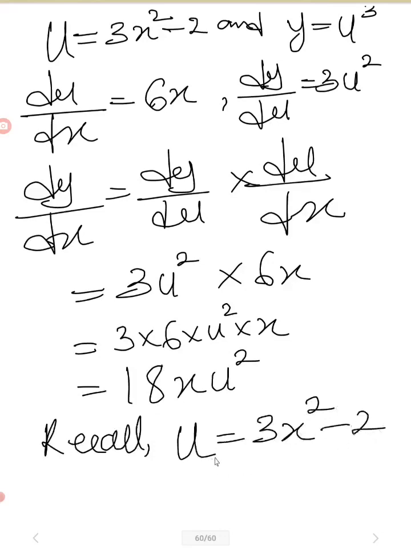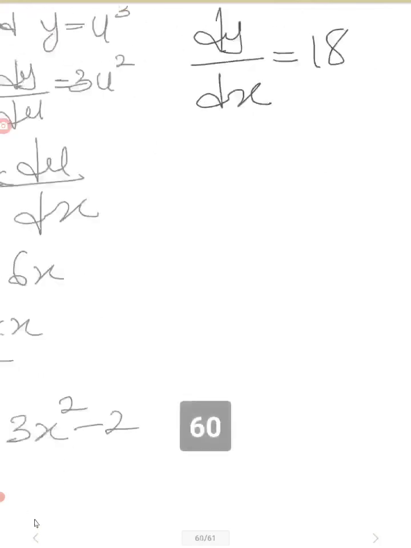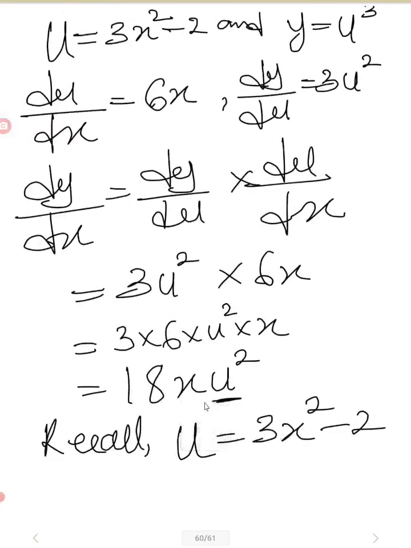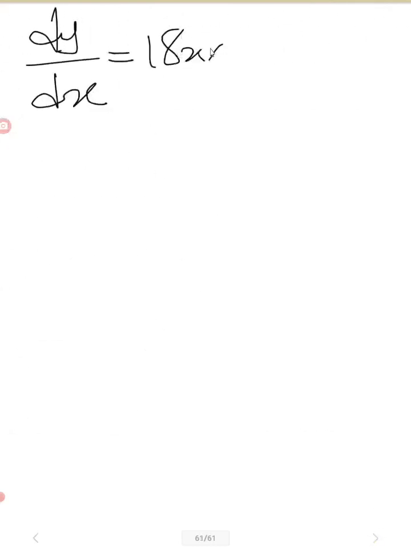So at this junction, what you have to do now is just to substitute the value of u back into this place. So the derivative of y with respect to x will now be 18x times u squared, which is 18x times (3x squared minus 2) all squared.